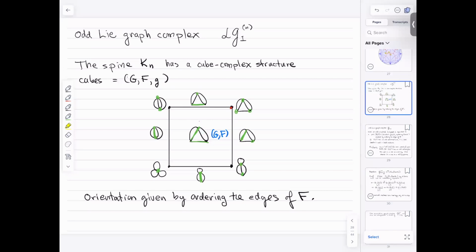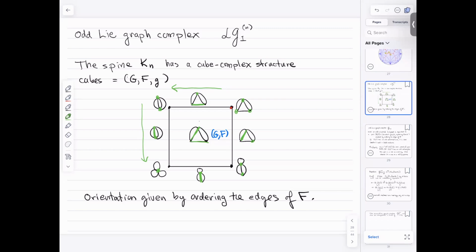At one corner of the cube, I have the same graph, but no forest edges. And at the opposite corner of the cube, I have the graph where those forest edges have been collapsed. And how do I get from the top right corner to the bottom left corner? I collapse the bottom edge, and I collapse the middle edge over there.